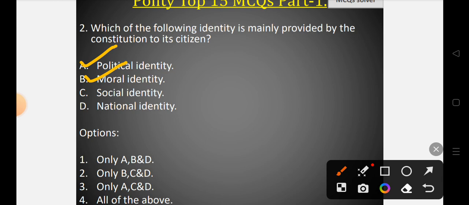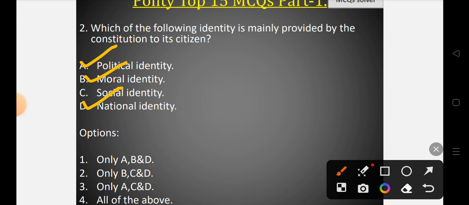The Constitution also provides the national identity to its citizens. And if you look into the preamble of the Constitution of India, it's clearly mentioned, we the people of India, means the Constitution is created by the people of India. So it's a set of national identity which is provided by the Constitution to its citizen.